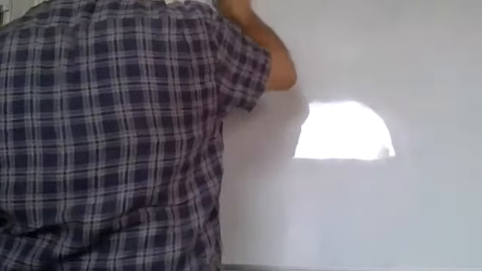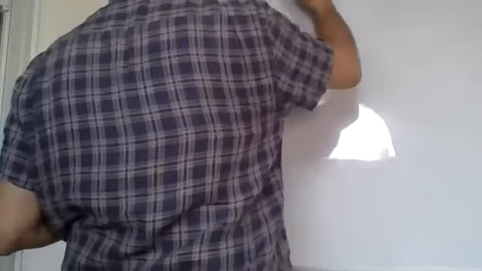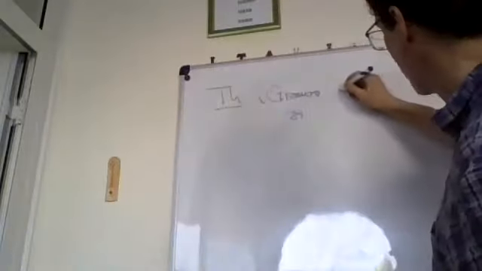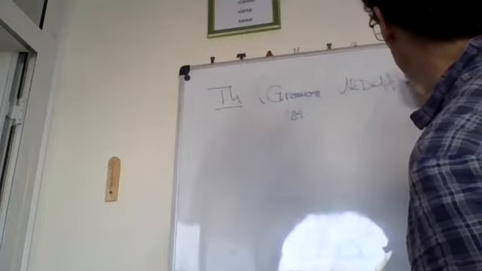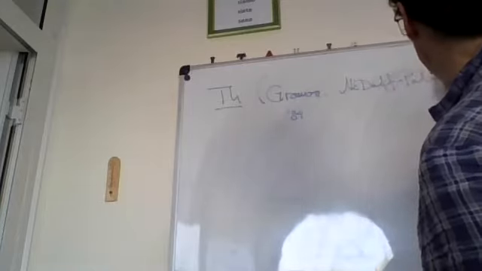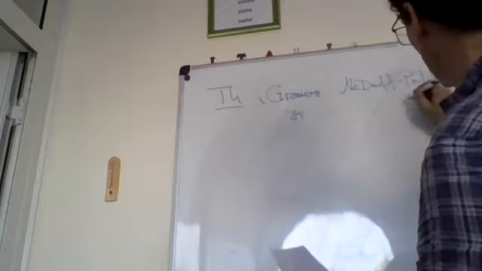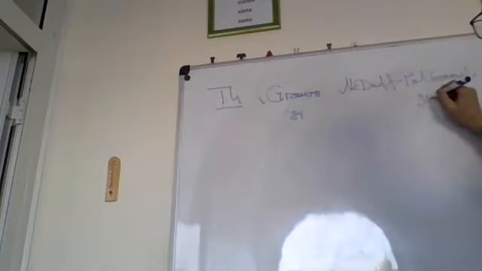Okay. Good. So now let's see what we want to prove in the next 2 hours. Theorem. So it started with Gromov in 84. Okay, we'll see. And then there was something by McDuff and Polterovich in 94.